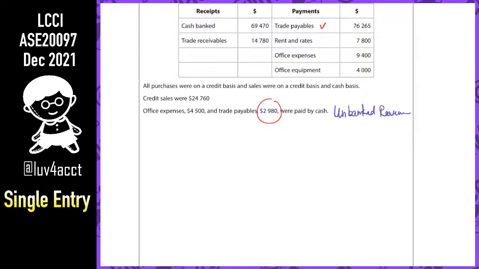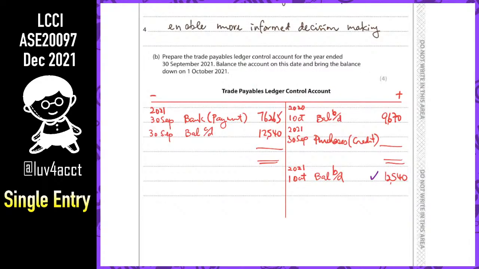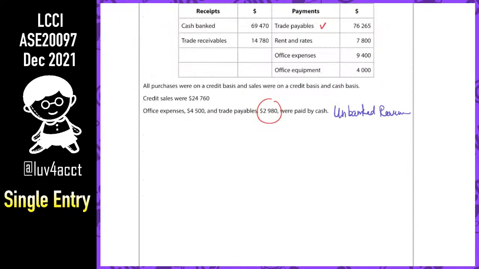So apart from the bank item, you also have cash here. 30th September, cash, 2980. So you should have 82115.